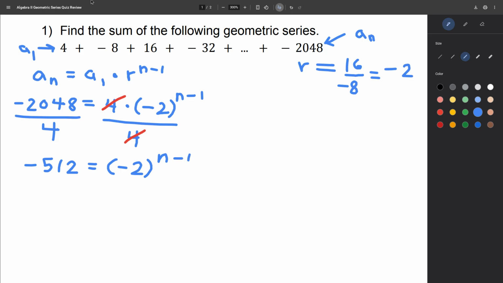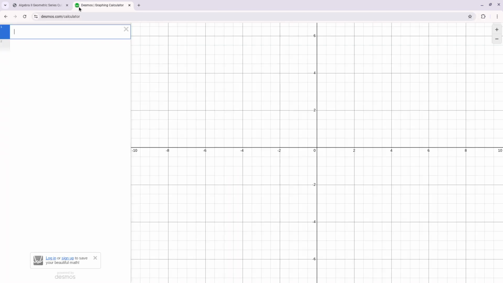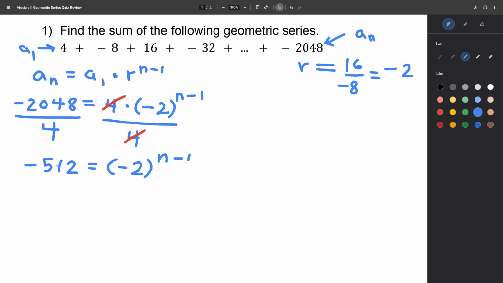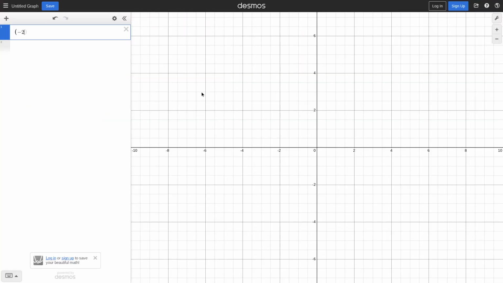Now we can use Desmos to help us figure out from this point, so let's open Desmos. And we're looking to raise -2 to a power to get -512. So -2, let's start with the 5th power, that would be -32, it would be too low, right? So let's go up to the 10th power, that's 1,024.